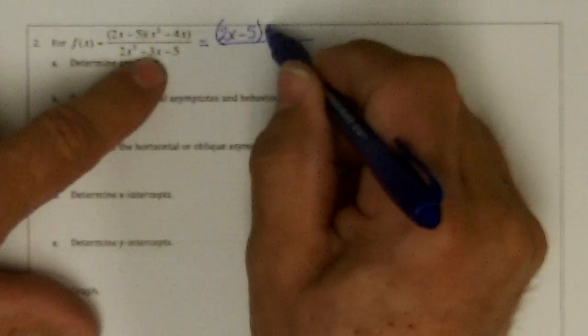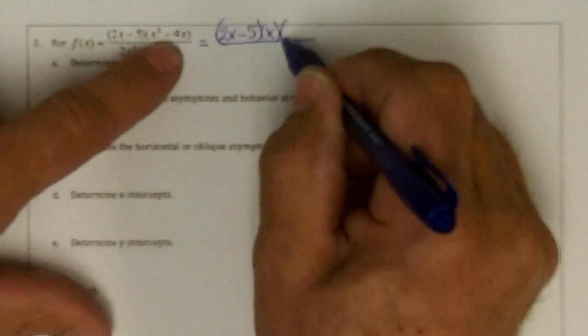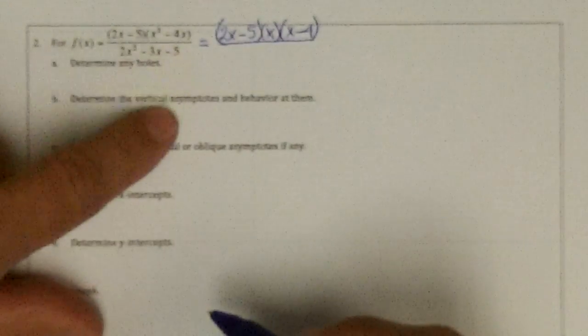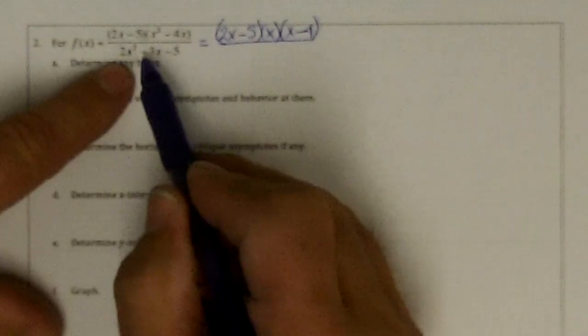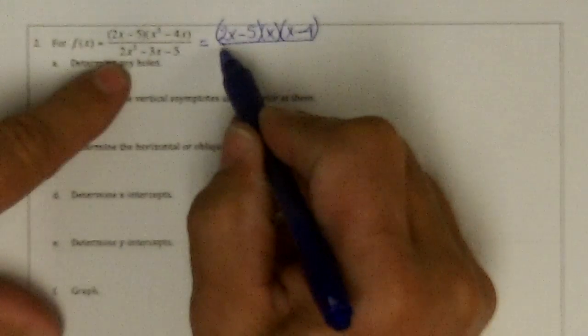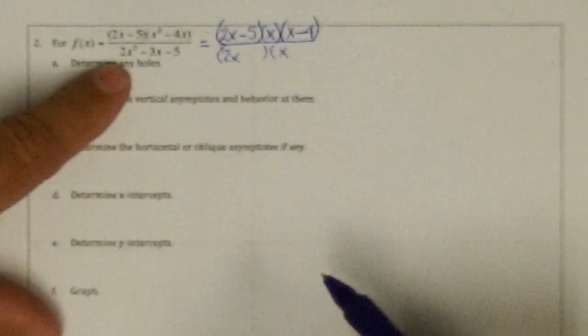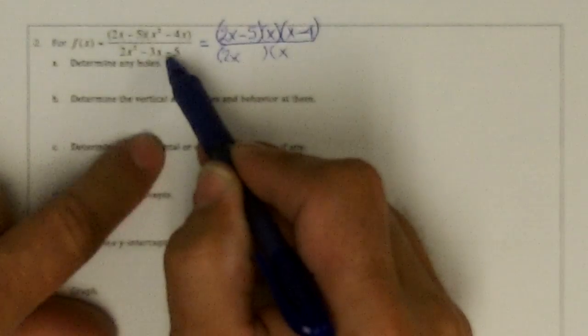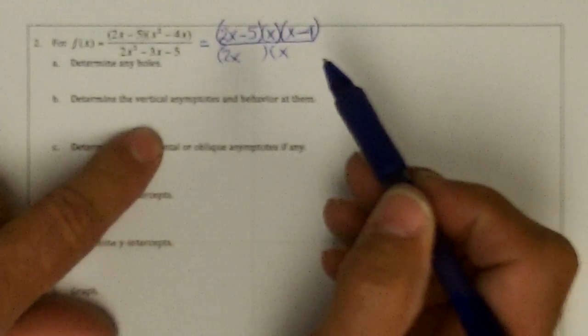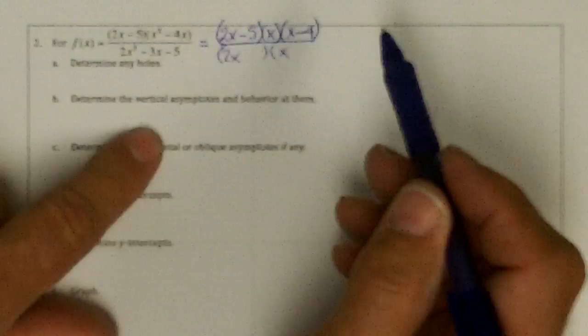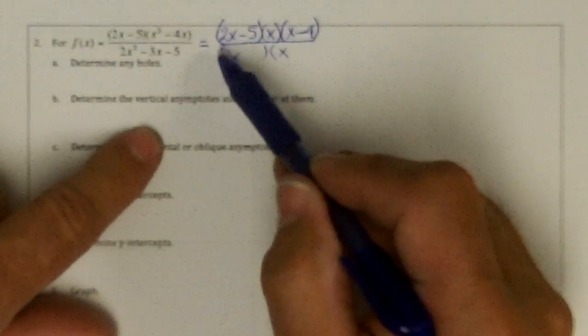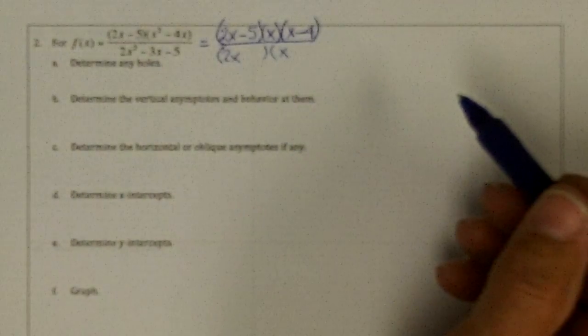This part, there's an x in both of them, so we take out the x, and we have x minus 4. In the denominator, we can't take anything out, so we have a 2x and an x, and we have to come up with 5. They have to subtract because it's a negative 5, and we have to subtract to get 3. Well, I'm guessing with a 2 and a 5, we're going to have probably 5 minus 3 if I do this right.